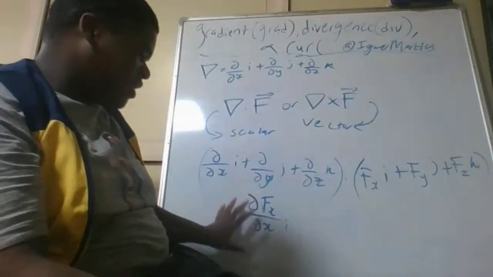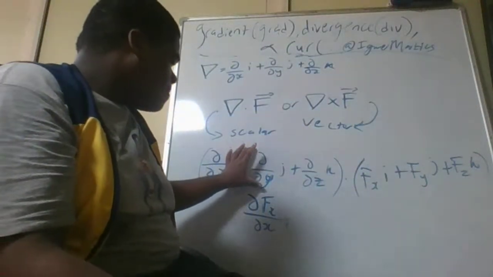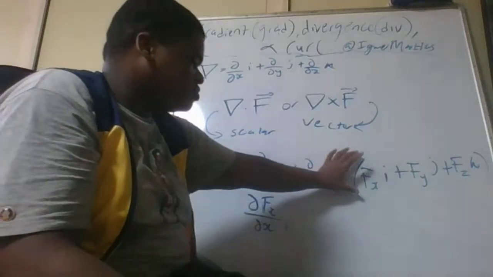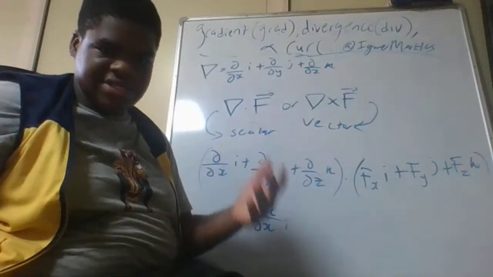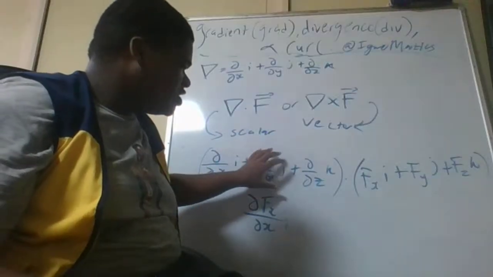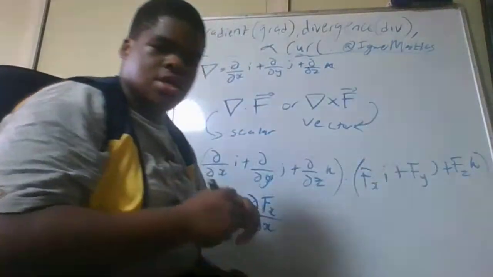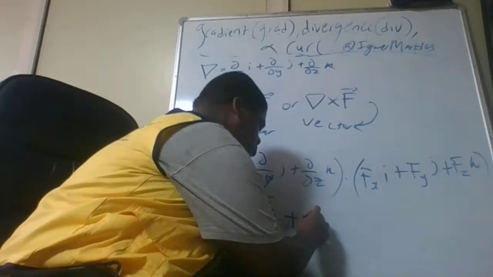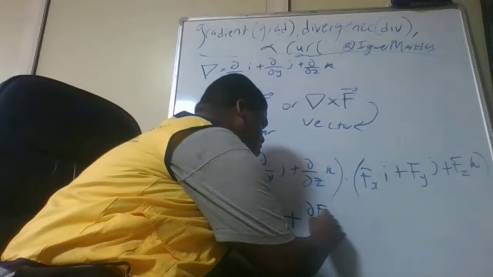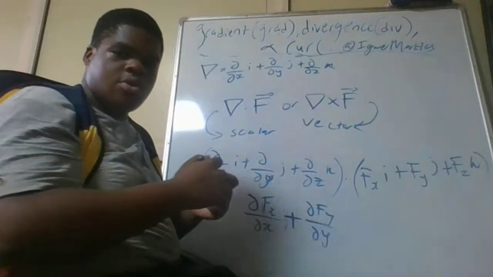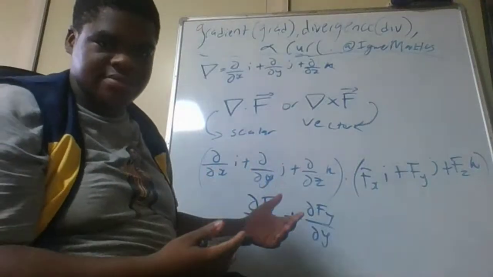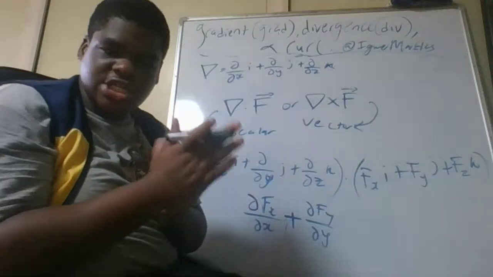That is why I write it down here. Partial y j dot f of x i will cancel out because j dot i is 0. Partial y j times f of y j would equal plus partial f of y in the y direction. There is no j because j dot j is 1. And why is j dot j 1?